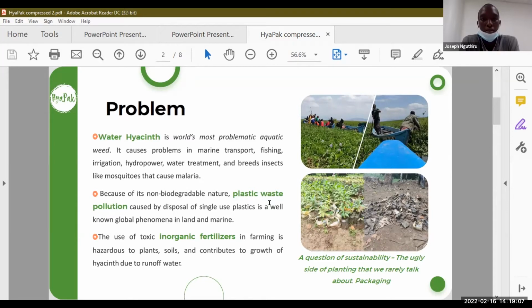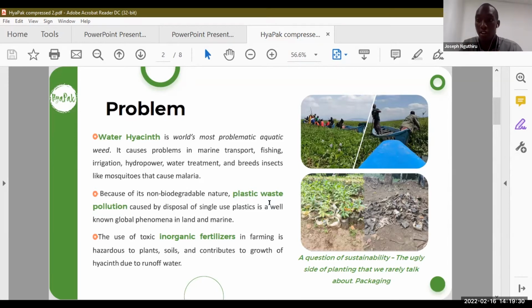As most of you know, water hyacinth is the world's most problematic aquatic weed. The reason behind this is that water hyacinth causes problems in marine transportation, fishing, irrigation, hydropower, water treatment, and also breeds insects like mosquitoes and malaria.